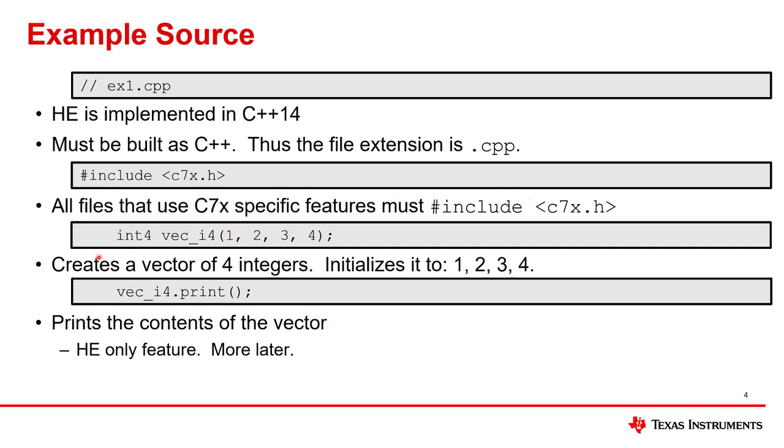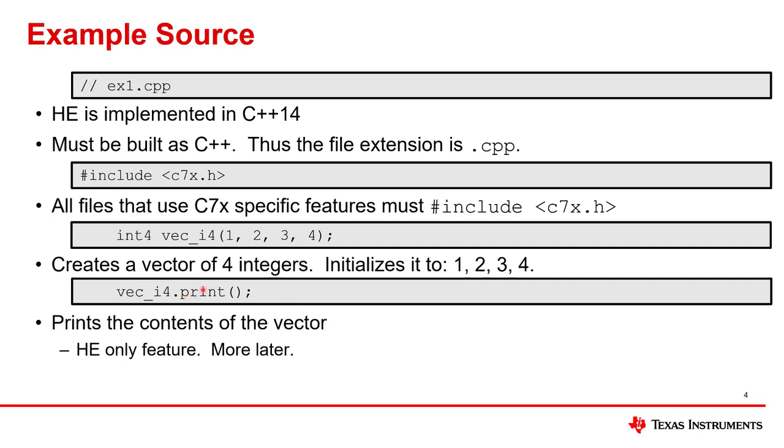All right. The next source line to examine is this one. This creates a vector. The name of the vector is vec_i4. The i4 part is a way of signifying that it is a vector of 4 integers, and this is what it looks like to initialize it to the values 1, 2, 3, 4.